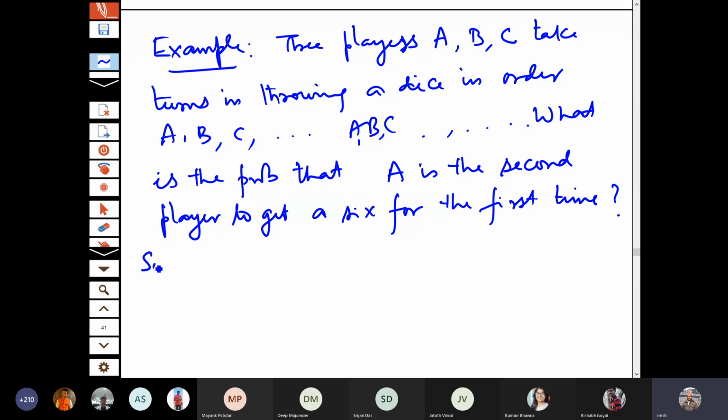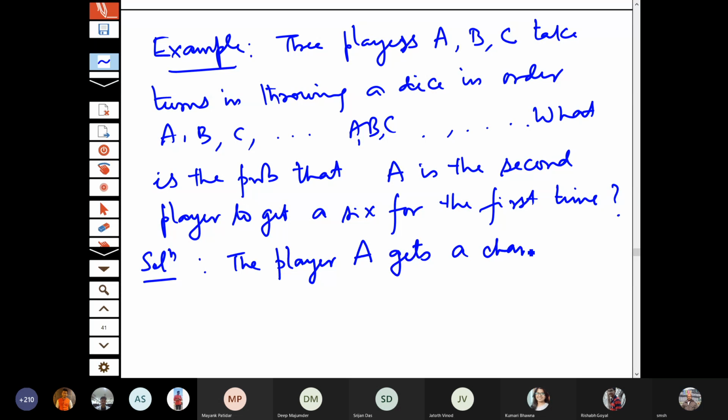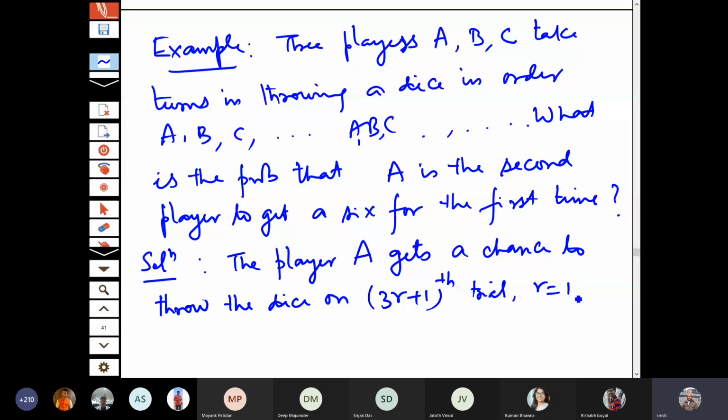So you can see that player A gets a chance to throw the die on the 3R plus 1th trial, for R equal to 0, 1, 2 and so on. Even 0 is there, because the first one also he gets.